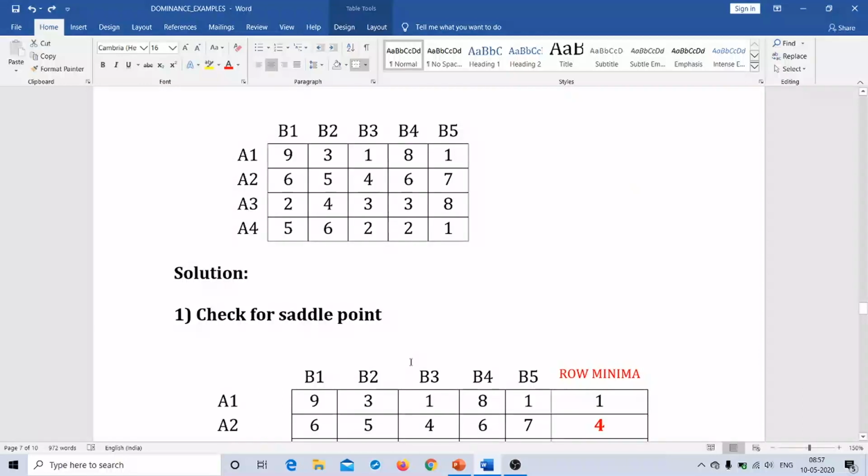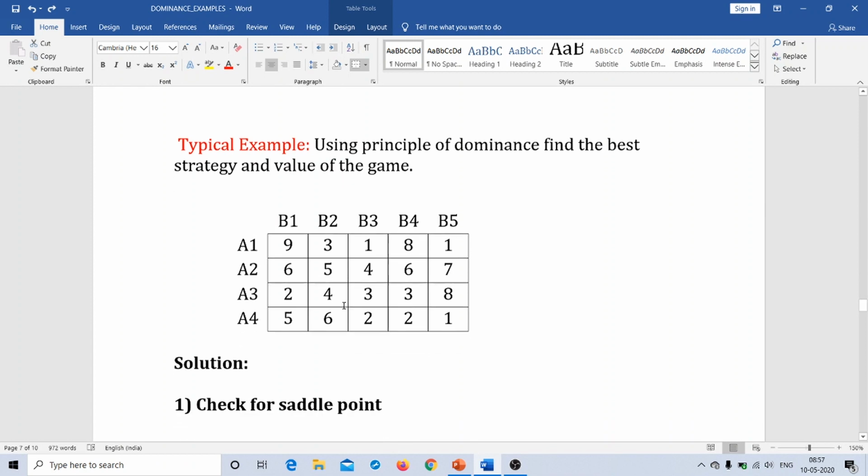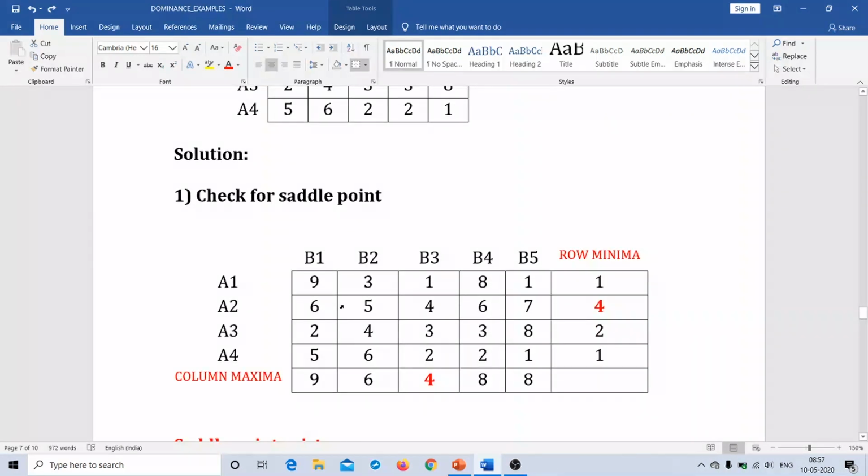Now, let us have a look at a typical problem here, right? So same thing, using principle of dominance. Now, why I'm calling this a typical problem is, when you closely observe this particular payoff matrix, you find there exists a saddle point, correct? There exists a saddle point, and then I can just say that player A adopts strategy A2 and player B adopts strategy B3, and the value of the game is 4, right?